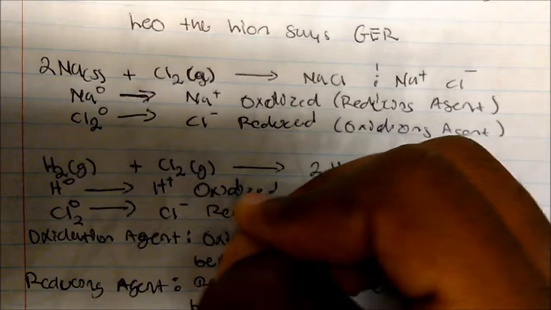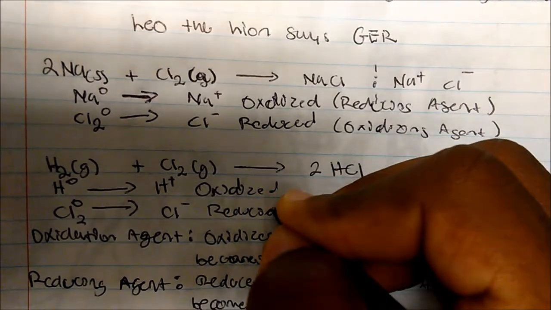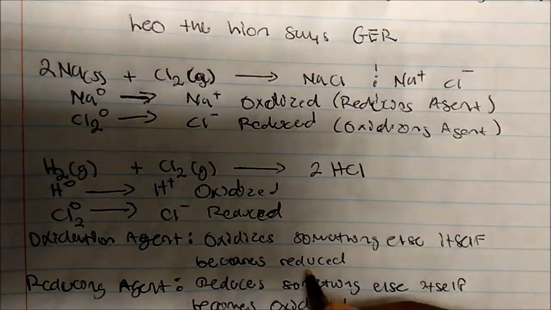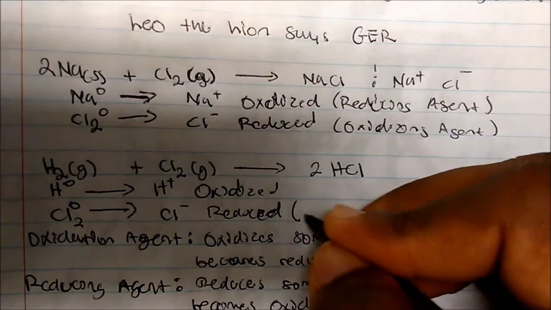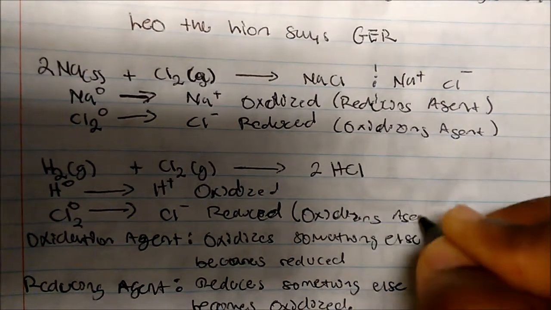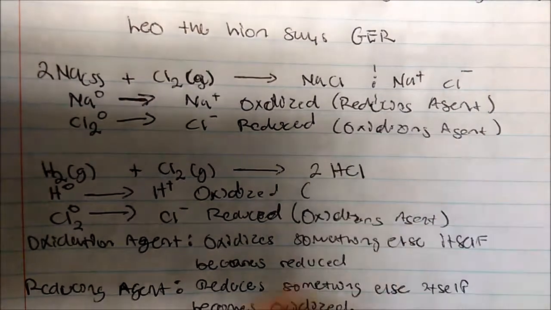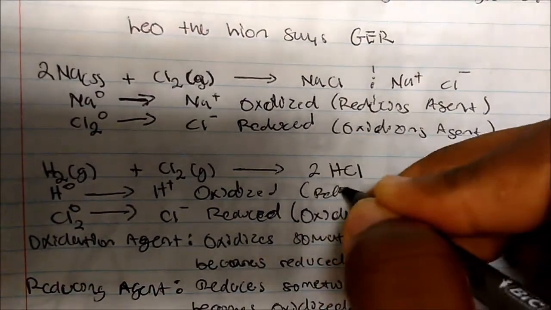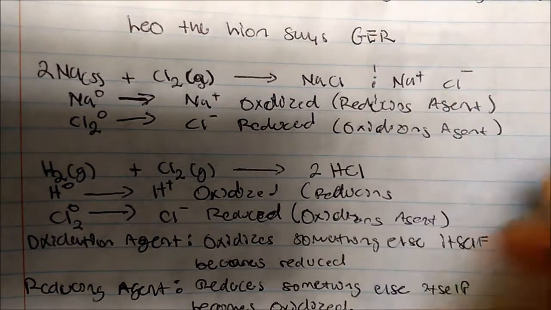This is being reduced. And so we know anything that's being reduced is our oxidizing agent. Anything that's being oxidized is a reducing agent. So that's a great way of remembering these things.